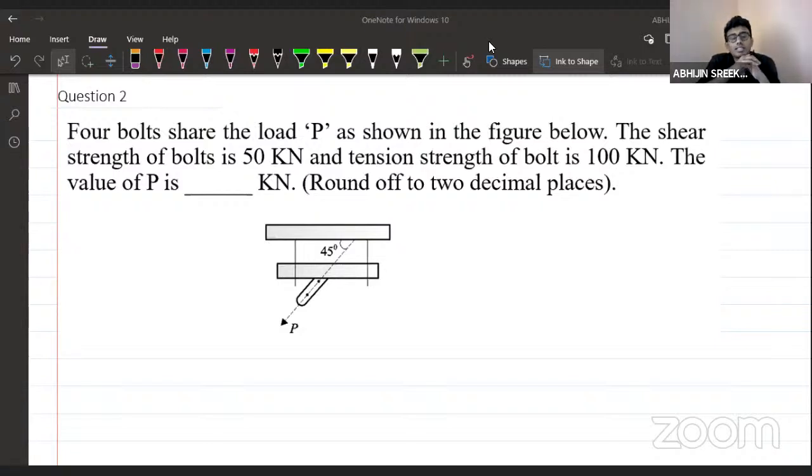Tell me this. What are the forces which will be acting on this bolt? You can see the bolts here. This is actually a bolt, these are bolts, assume like that. Is it tensile forces or something else? What are the design forces acting on that bolt?